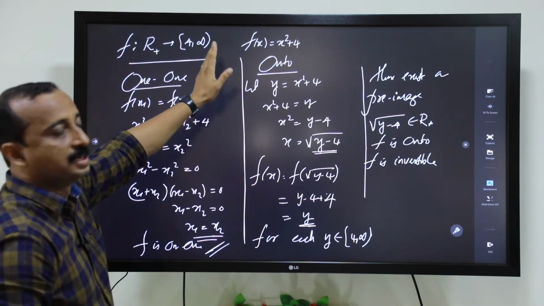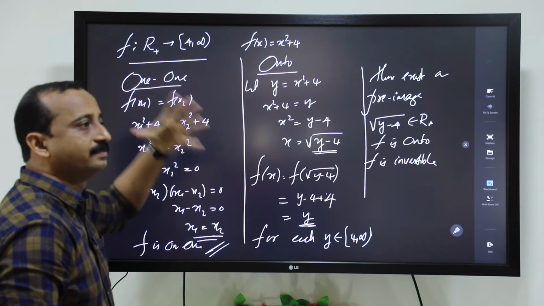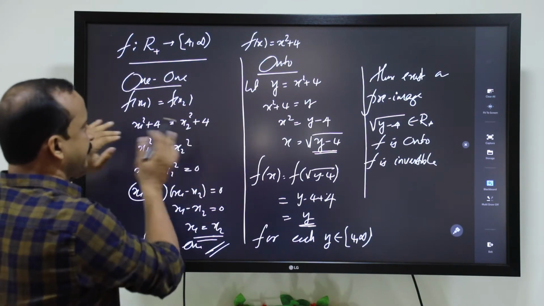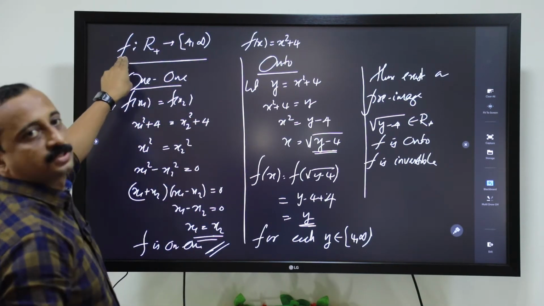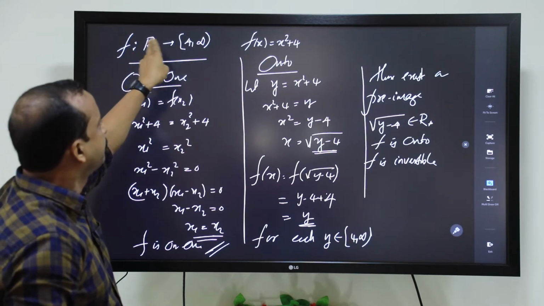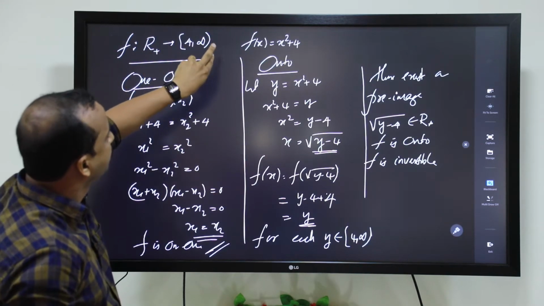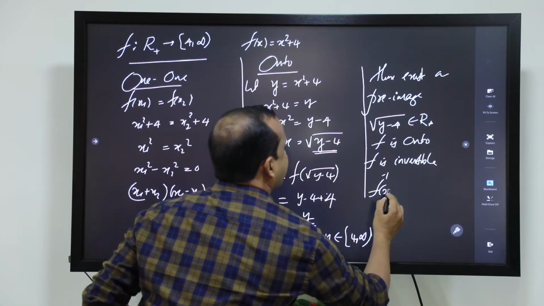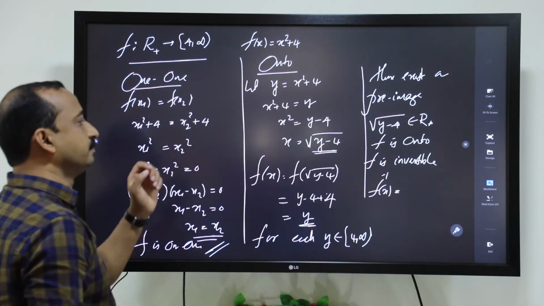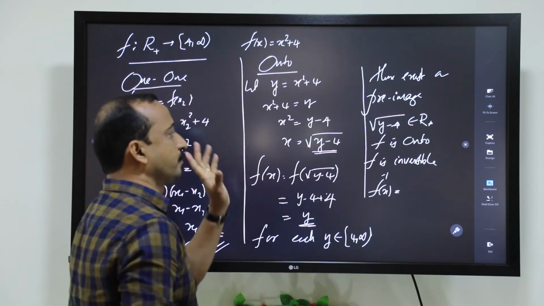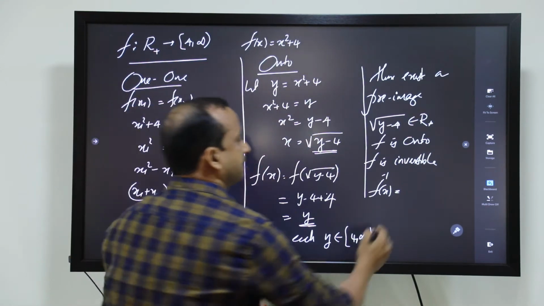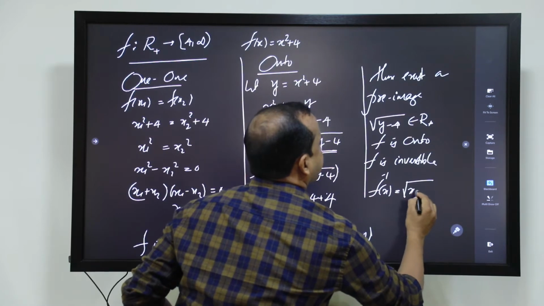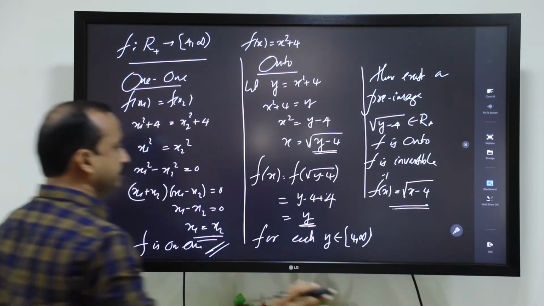Since the function is bijective, or invertible, we form an inverse function from the second set to the first set. Here the inverse function is obtained from x equals root of y minus 4; we replace y by x, so f inverse of x is root of x minus 4. That's the inverse function.